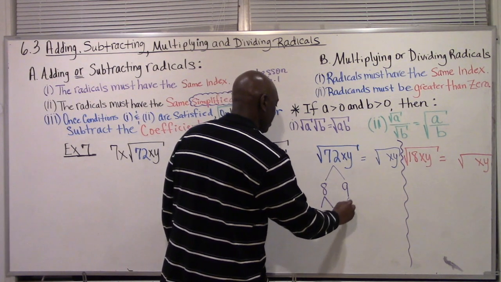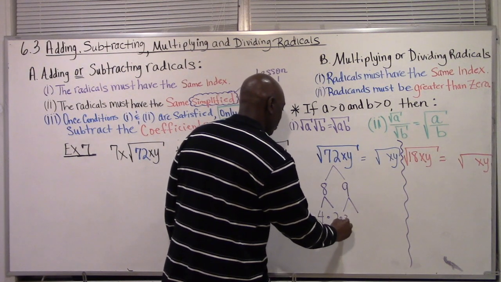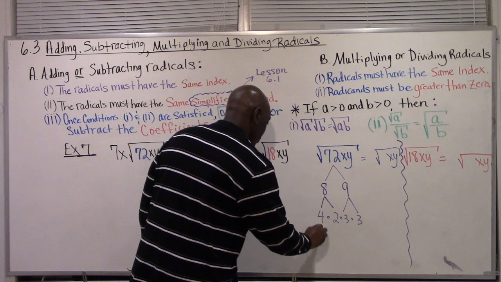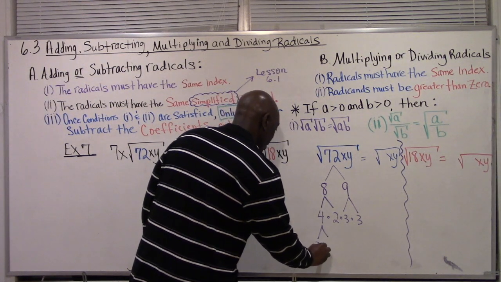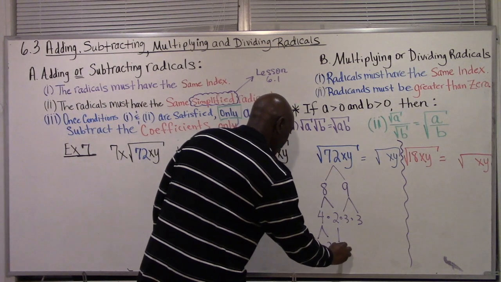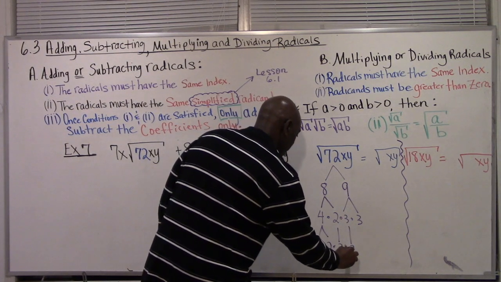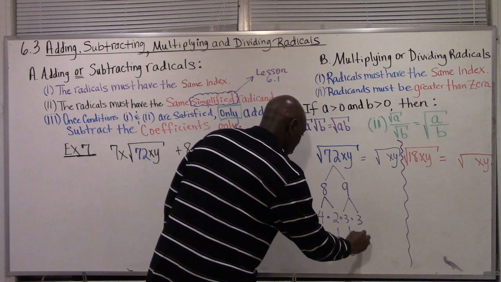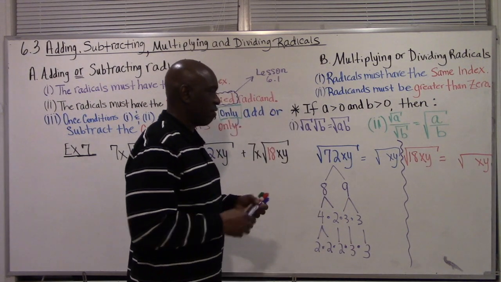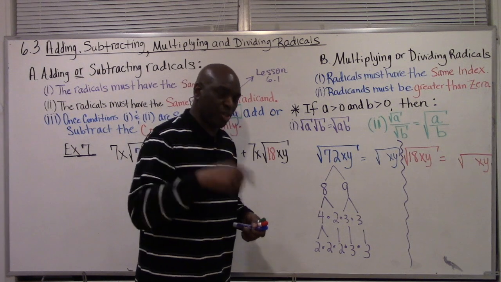And what is 9? 3 times 3. And what is 4? 2 times 2. And bring this 2 down. And bring this 3 down. And bring this 3 down. All right. Very good. Now I'm ready to group.